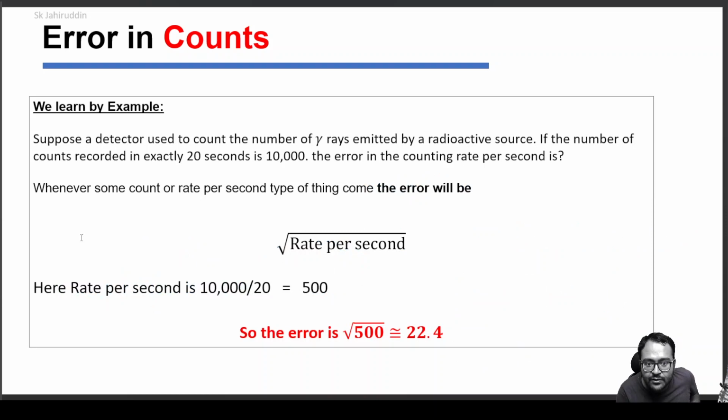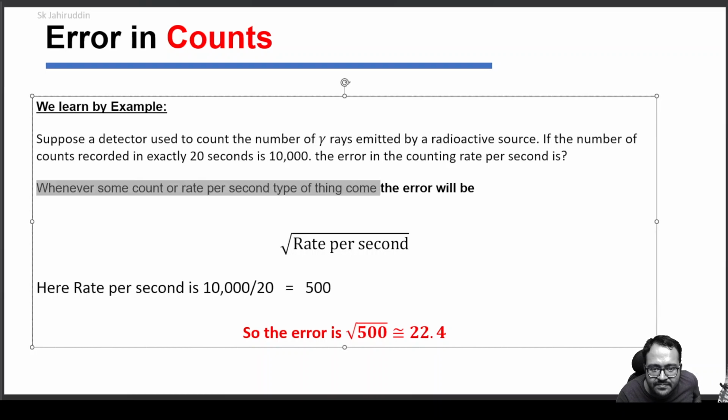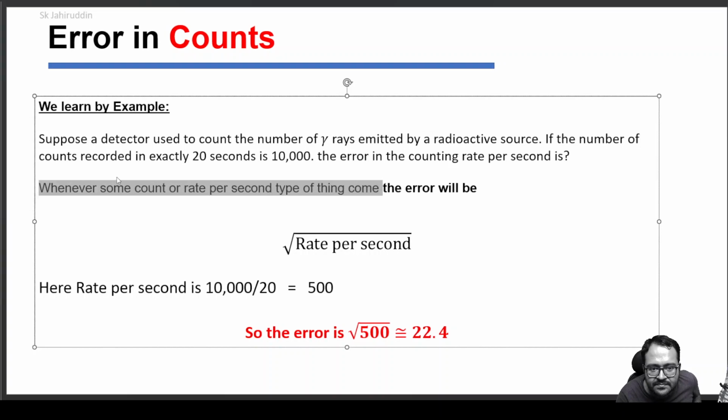Whenever some count or rate per second type of thing comes, the error will be the square root of the rate per second.